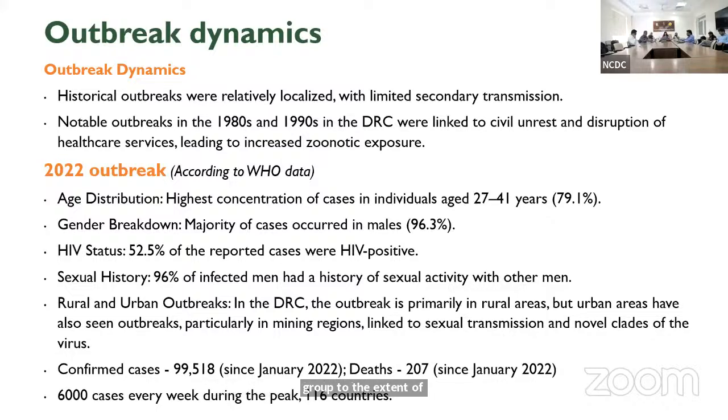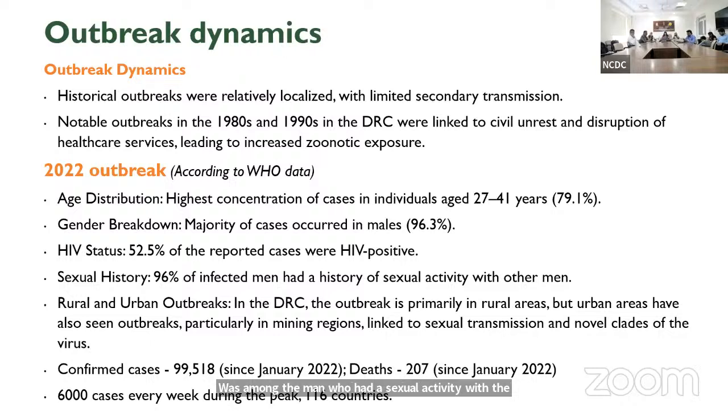There was a gender breakdown: the majority of cases occurred in males. HIV status was a significant cause of concern because 52.5% of reported cases were HIV positive. Sexual histories: 96% of infections were among men who had sexual activity with other men. Then rural and urban outbreaks in the DRC.